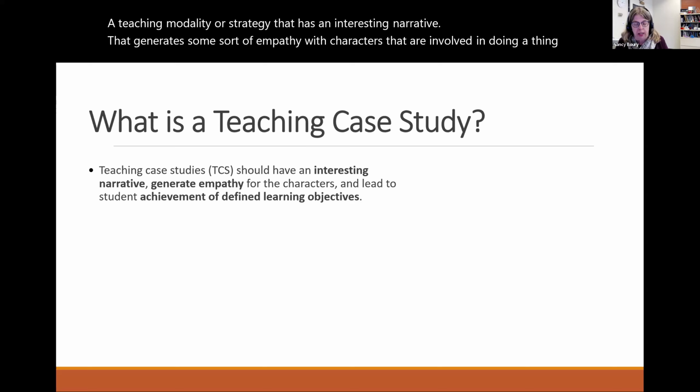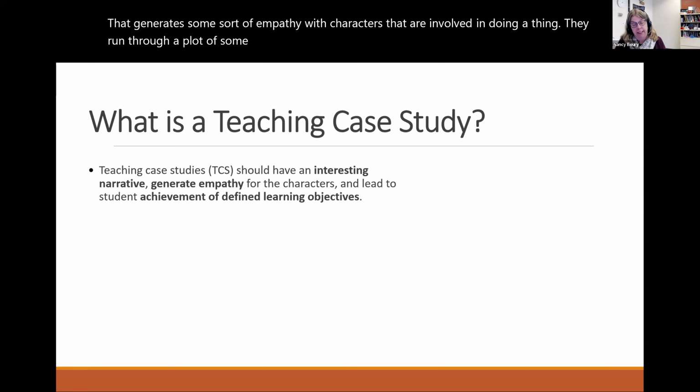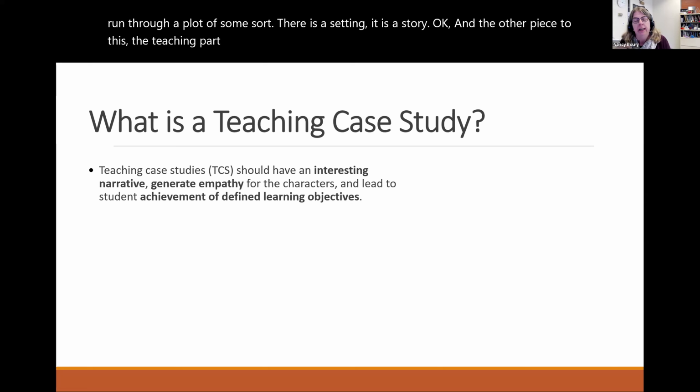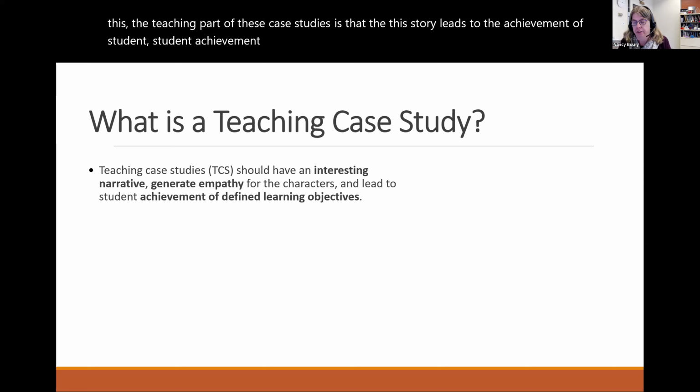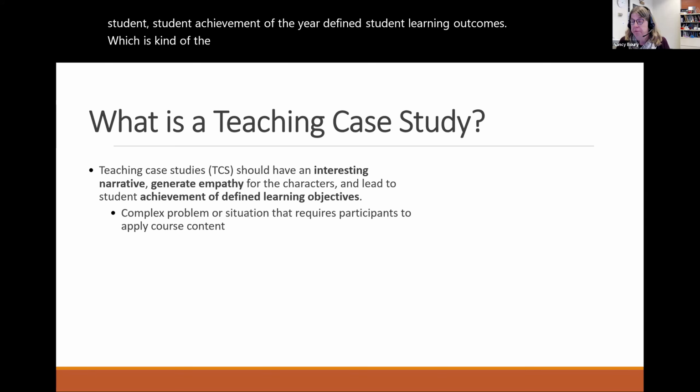They run through a plot of some sort. There is a setting. It is a story. And the other piece to this, the teaching part of these case studies, is that this story leads to the achievement of your defined student learning outcomes, which is kind of the point. It is a teaching modality.